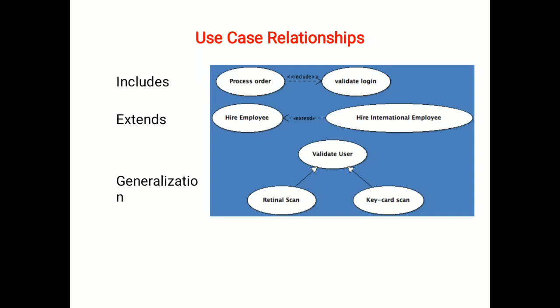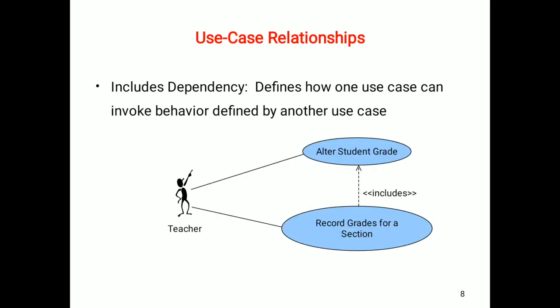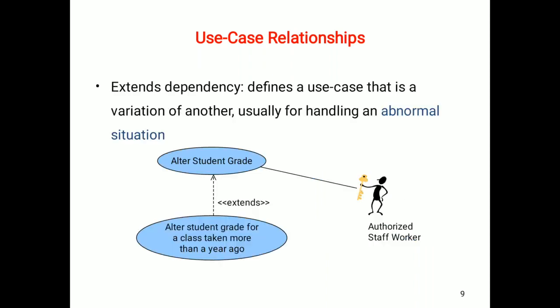Now the next point is, you can see here include dependency. This is shown already, we have seen. This is extend dependency, in which when this one is completed, the lower one automatically, the upper one is completed.